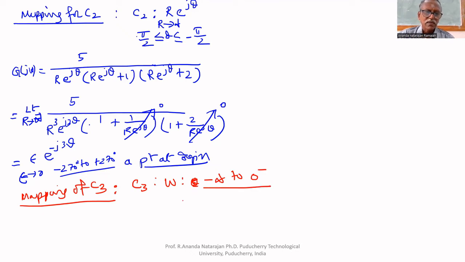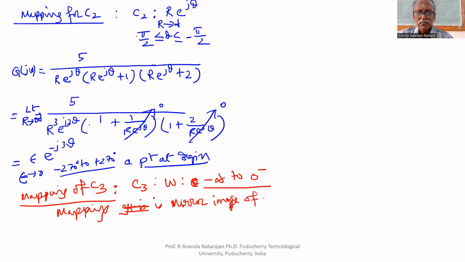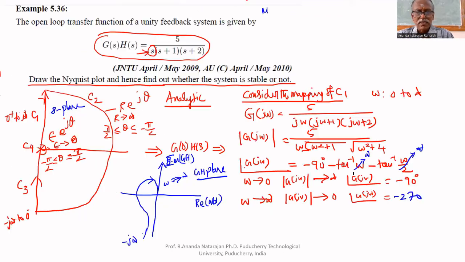So the mapping is the mirror image of the mapping of C1. What is the mapping of C1? Mapping of C1 is this. This is the mapping of C1.